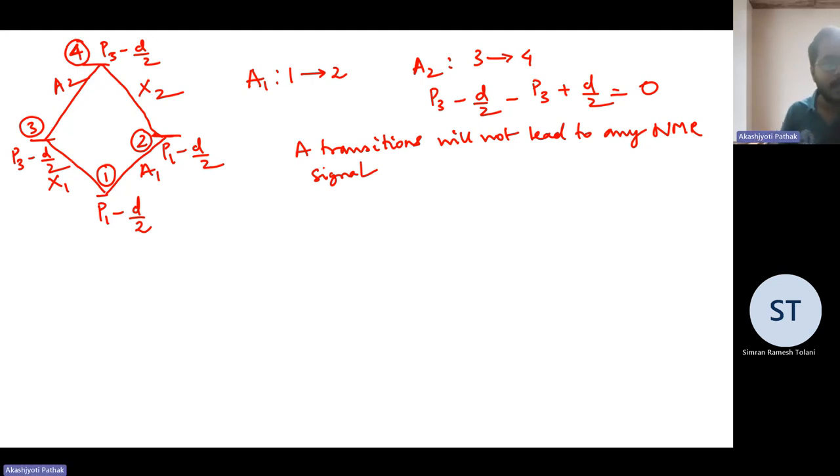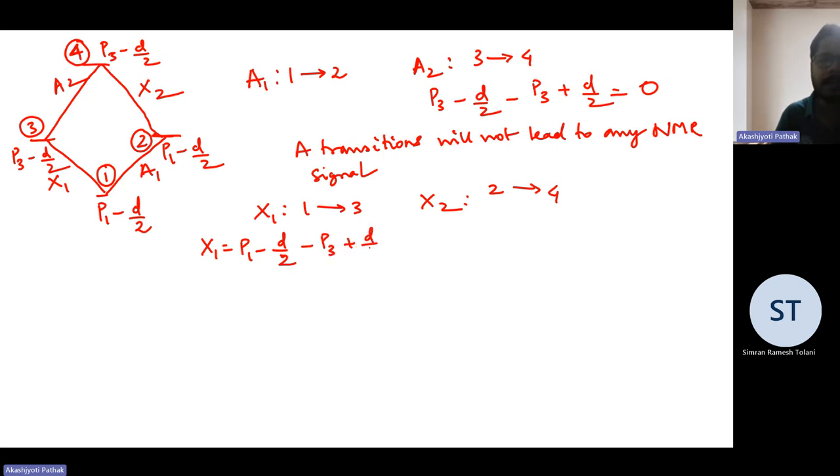Now, if we consider the X transitions, what are the X transitions? X1 and X2. The X1 transition is from 1 to 3 and the X2 transition is from 2 to 4. If we check the 1 to 3 transition, the X1 transition, then the population difference is P1 minus D by 2 minus P3 plus D by 2.